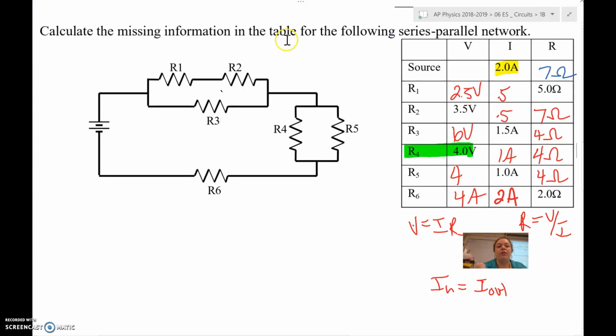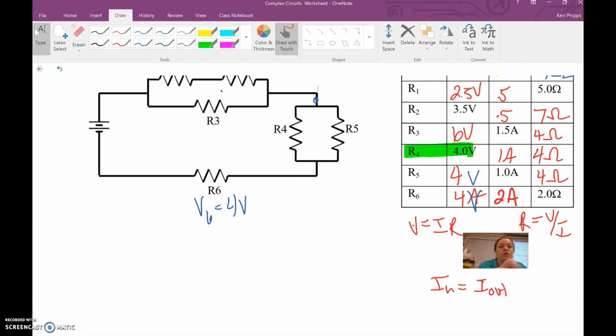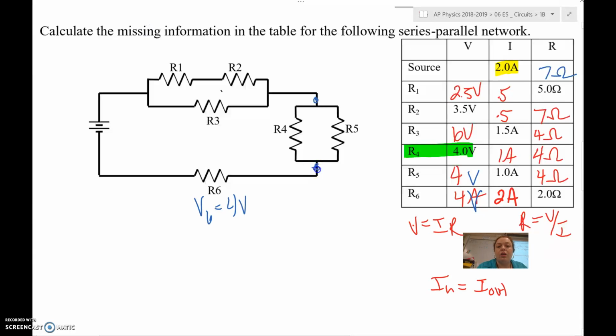And nobody caught me on that one this time. This should be 4 volts, and this is 4 volts. So the voltage drop across R6 is 4 volts. And on R4 and R5, from point to point, it's the same voltage drop, right?